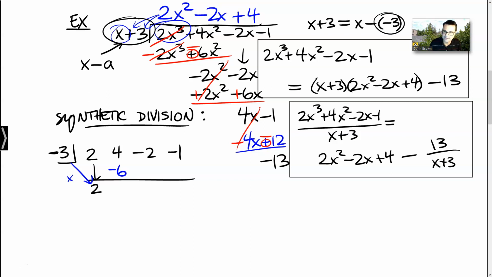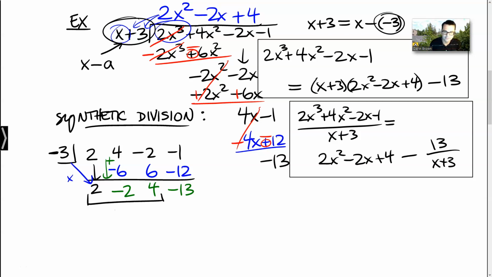And then I add down. 4 and negative 6 is negative 2. See the pattern? Negative 3 times negative 2 is positive 6. Add is 4. Negative 3 times 4 is negative 12. Add, negative 13.